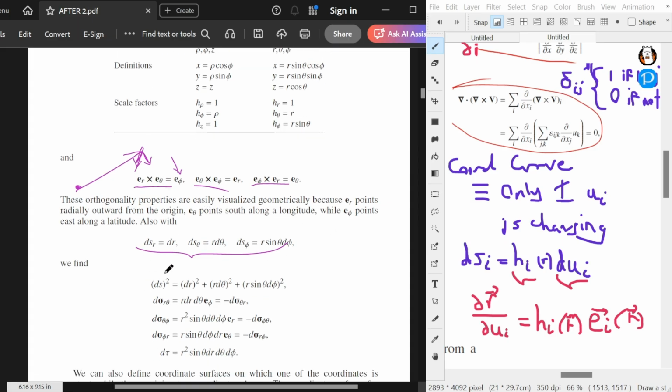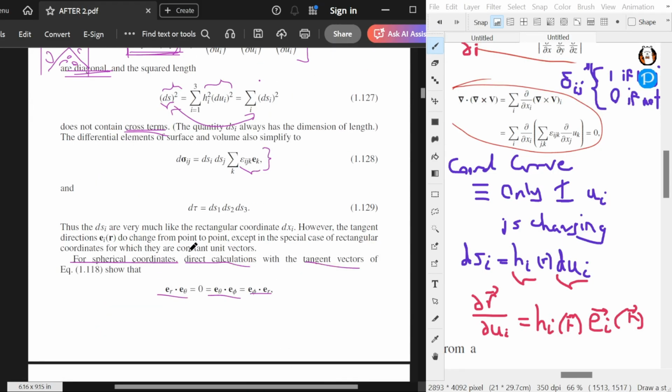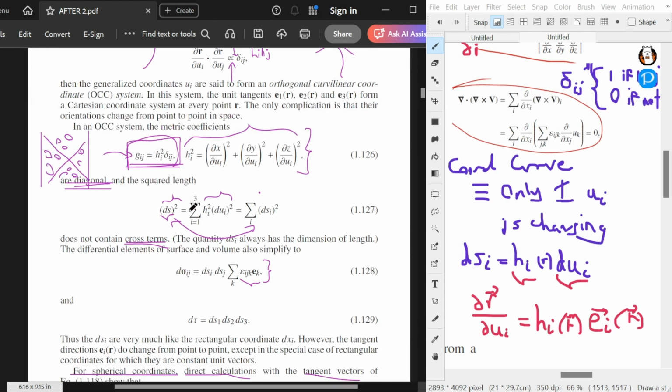We find ds squared equals dr squared plus r squared dtheta squared plus r squared sine squared theta dphi squared. Hmm. Earlier we said ds equals the sum of these guys here. Does this say this? ds squared.